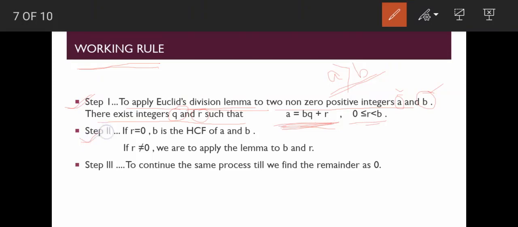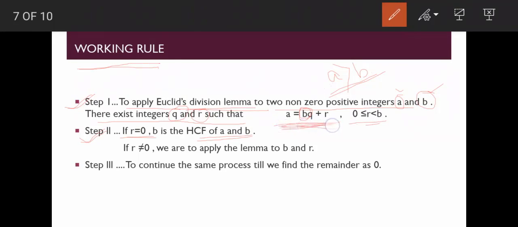So step 2 is what? When we get a 0 remainder, of course the divisor will be acting as the HCF of a and b. That means the two numbers we are considering, a and b, where a is bigger than b. So the bigger number will take the place of dividend, while the smaller number will take the place of divisor.